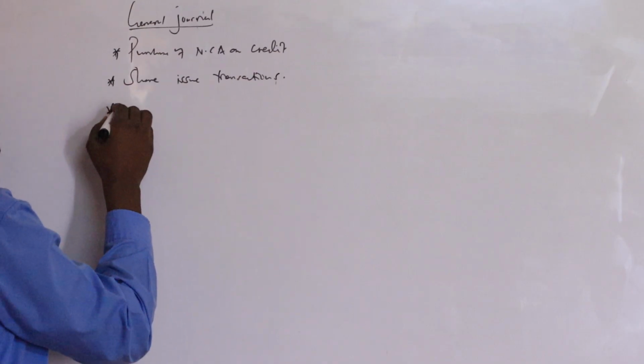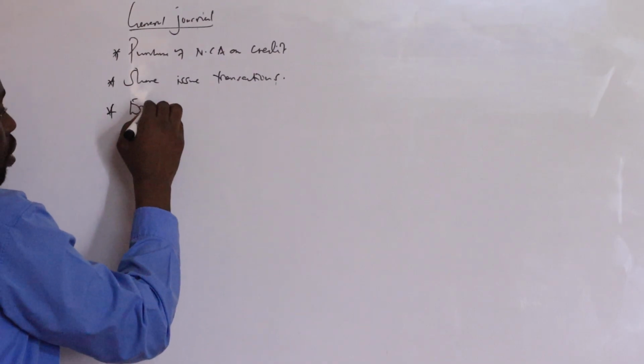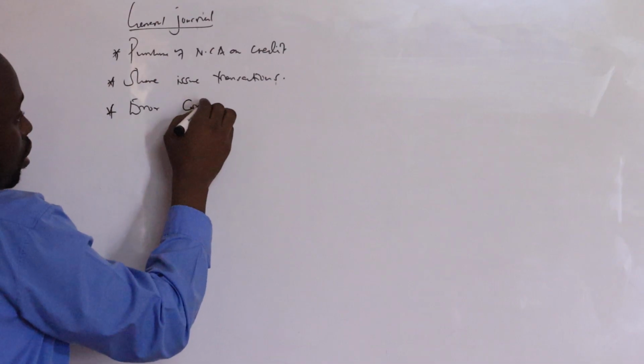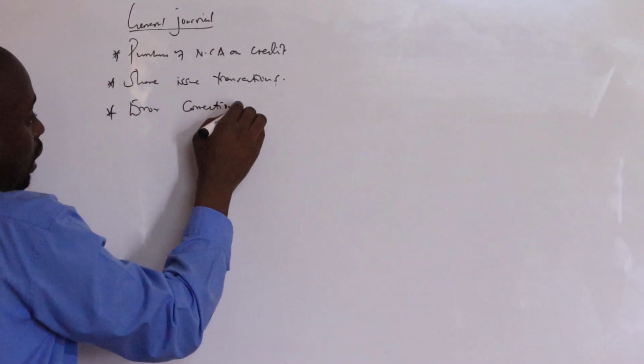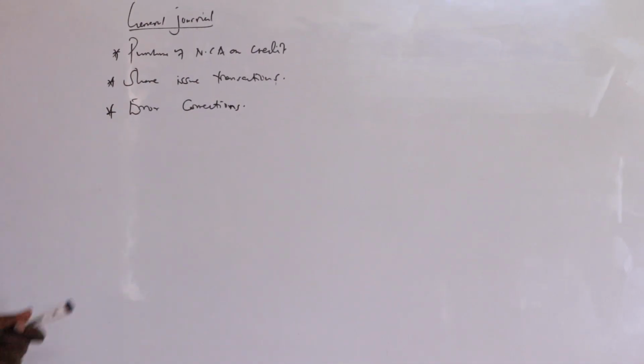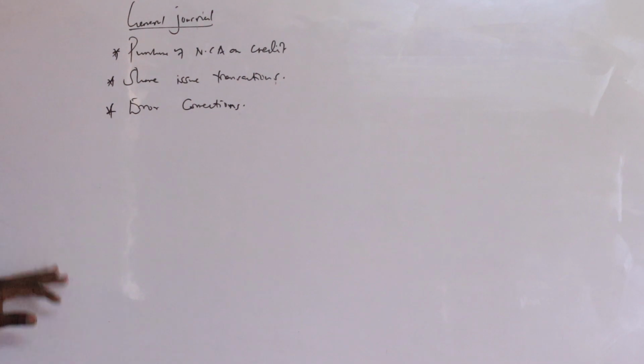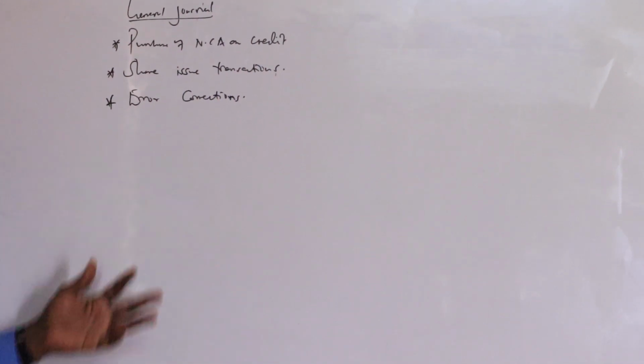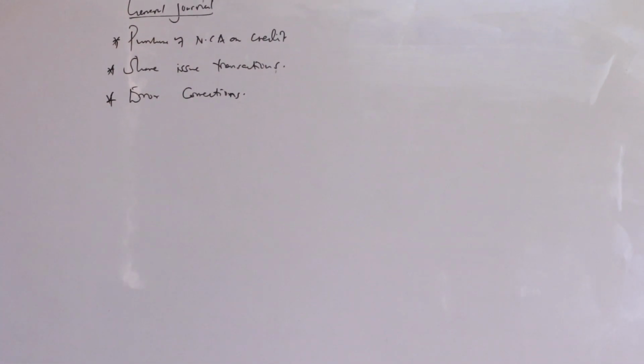It can also be used in error correction. We shall do it as one of the topics in correcting errors among other transactions. So these are the common transactions that we record in the general journal.